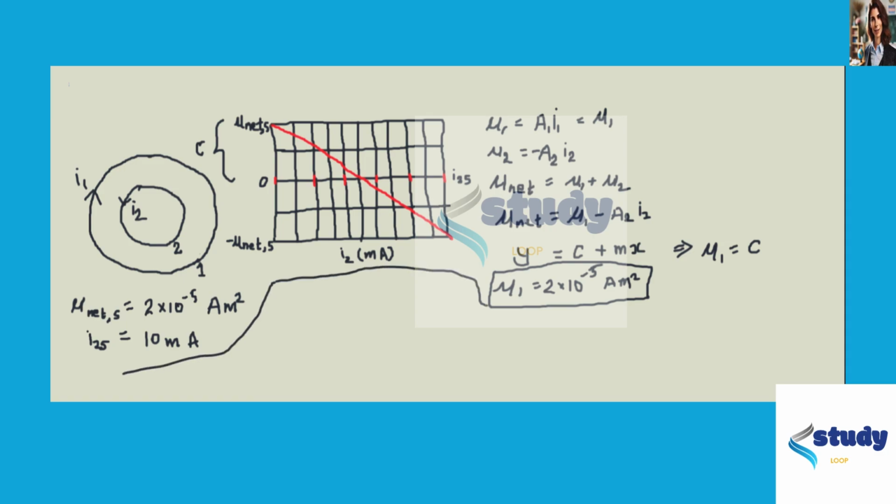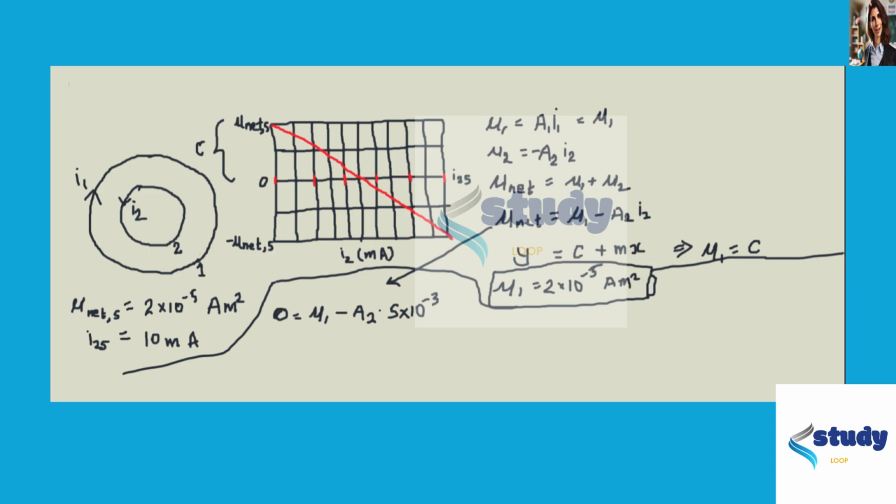What we can do next is look at the graph again. When mu net is 0, the current I2 is exactly at the center, that is 5 milliampere. So let me write that from this equation. When mu net equals 0, then mu1, whose value we know, minus A2 times the value of I2 there, 5 milliampere, so 5 into 10 to the power minus 3.